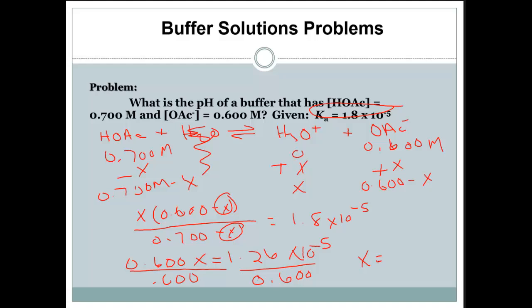Our x comes out to be 2.1 times 10 to the negative 5. You can see that the 2.1 times 10 to the negative 5 is far smaller than the 0.6 and the 0.7. But let's double check that. I'm going to compare it to the 0.6 because it's the smaller of the two. So 2.1 times 10 to the negative 5 over 0.6 times 100 comes out to be 0.0035%, far smaller than 5%.